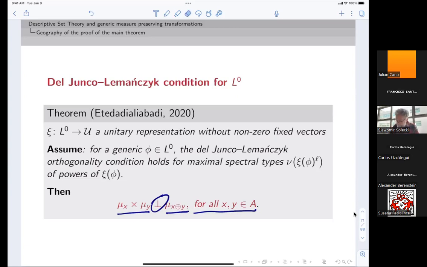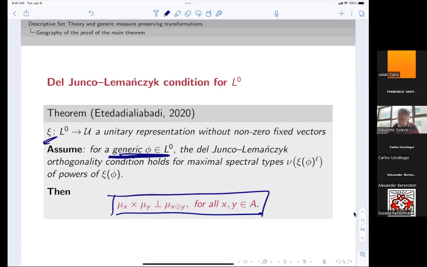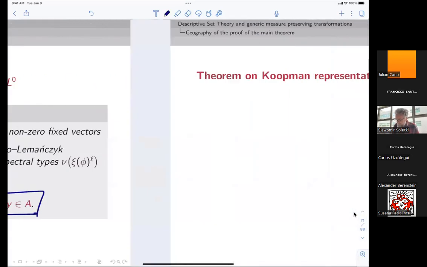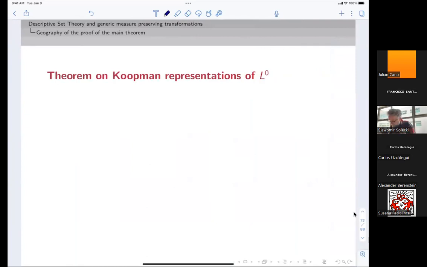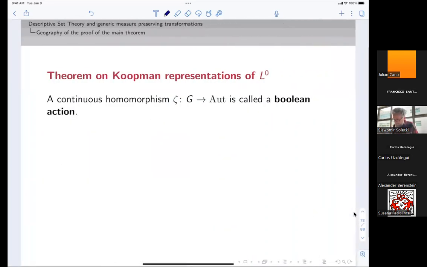This is a nice result, because from a generic T, a topologically probabilistic condition, we get a deterministic condition on these measures from the classifying theorem for unitary representations. The important thing is these measures here are always orthogonal. Okay. So now, for the main theorem, technically the main theorem.